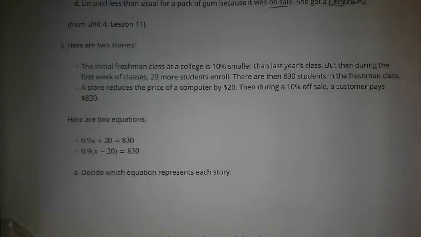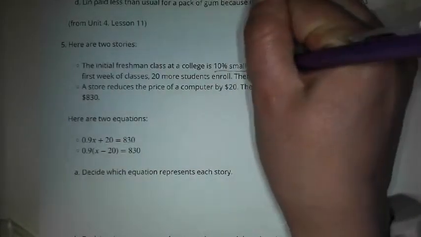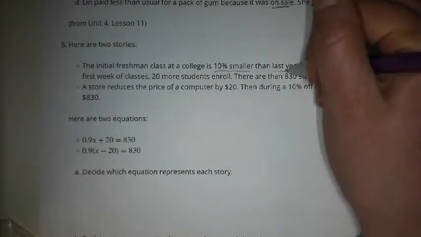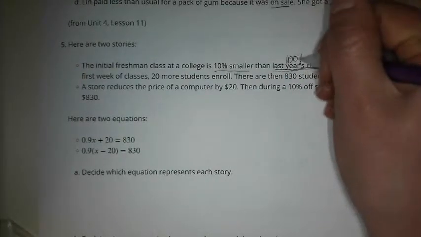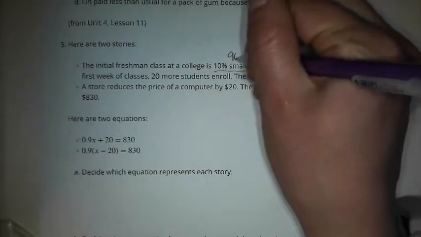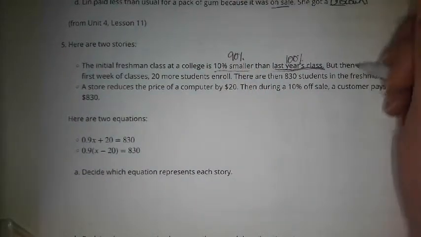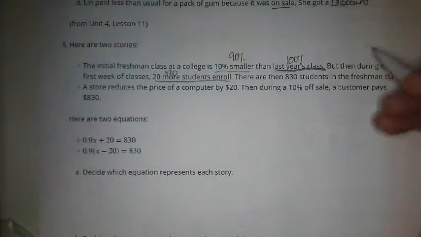Okay, number 5. Here are 2 stories. The initial freshman class at a college is 10% smaller than last year's class. So last year's class would be my 100%. So 10% smaller, they're at 90%. Then during the first week of classes, 20 more students enrolled, so that'd be a plus 20.